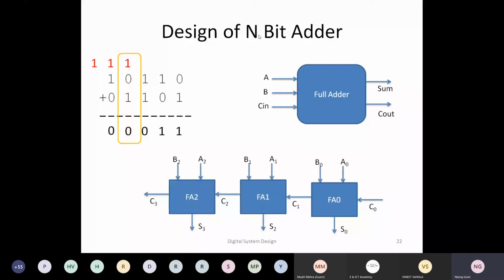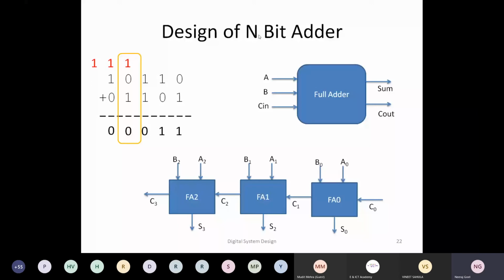Because the total number of inputs to my n-bit adder is 2n plus 1 bits, the total number of combinations which I need to check ideally should be 2 to the power 2n plus 1.